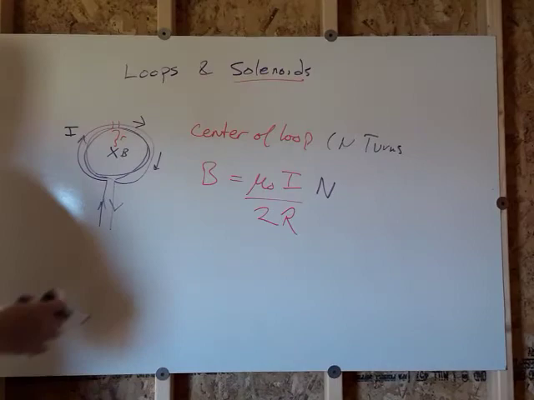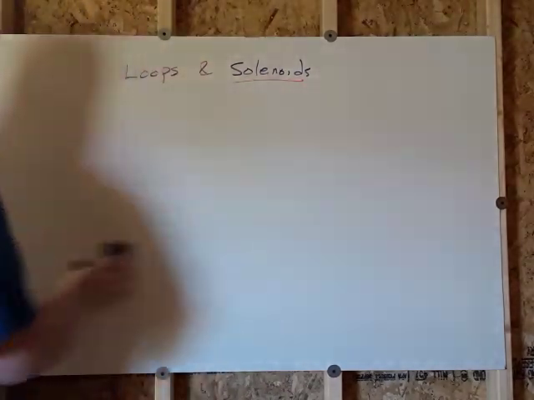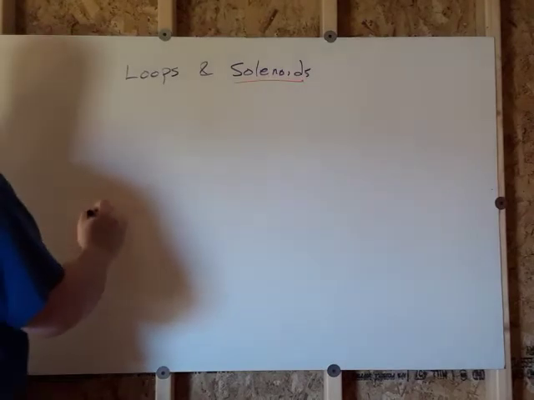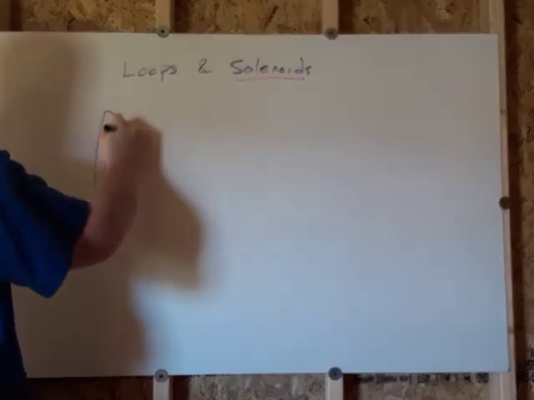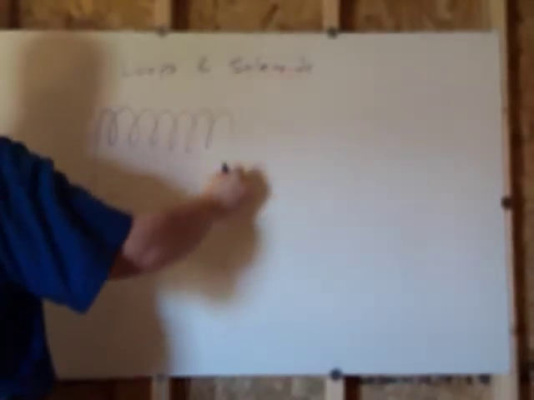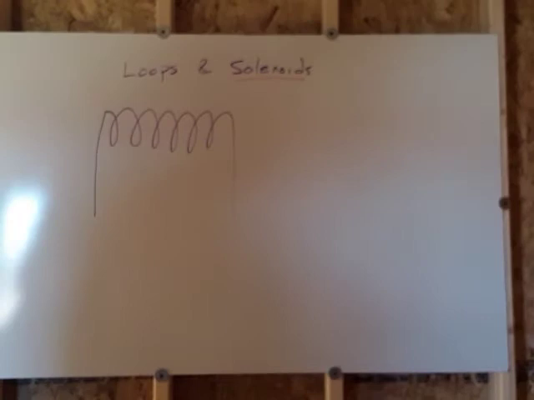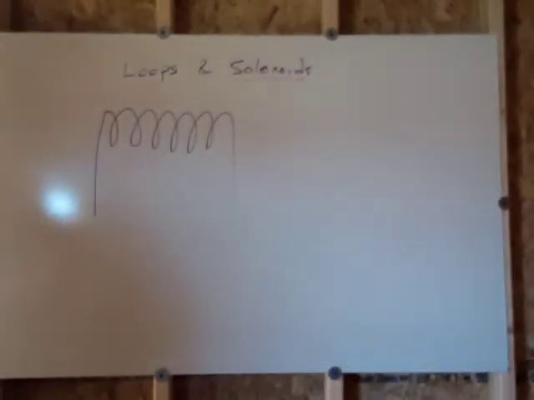You get something that looks a lot different. So I'm going to draw this edge on. Like that. I drew a few turns, but imagine that there's a lot more turns here.